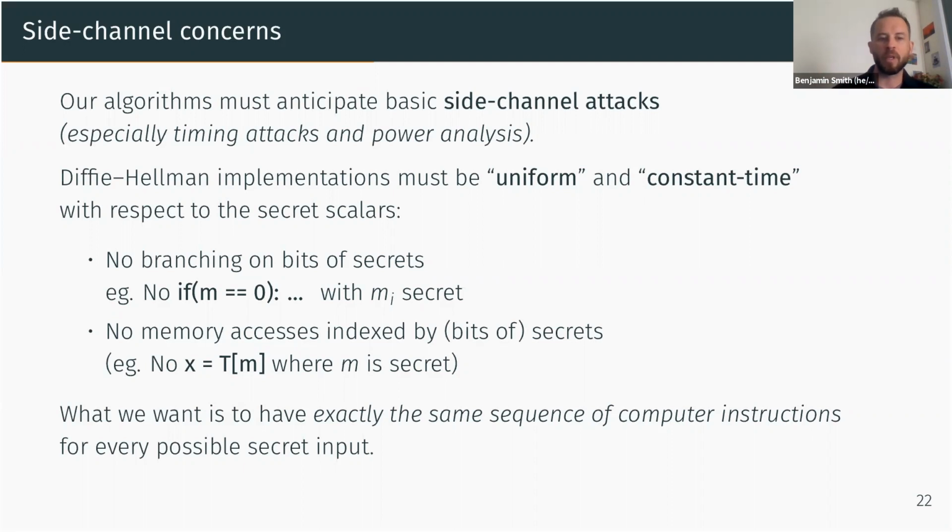So you can't go doing table lookups based on secret bits or functions of secret values. Ultimately, what you want is exactly the same sequence of instructions for every possible secret input. It's maybe not obvious that you can achieve this, but it's crucial.